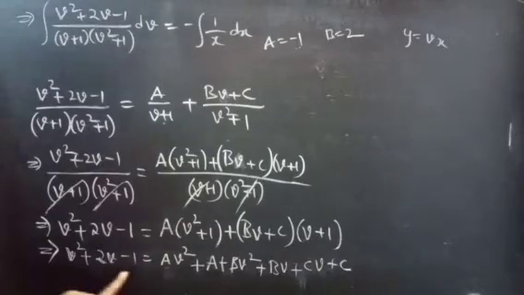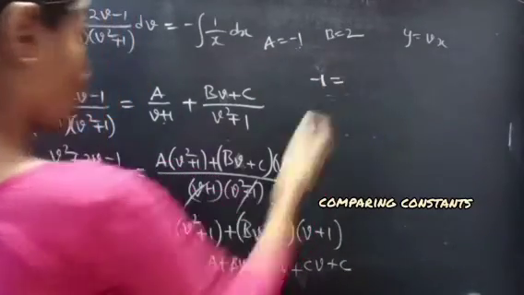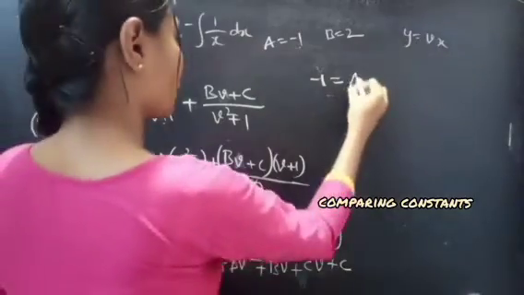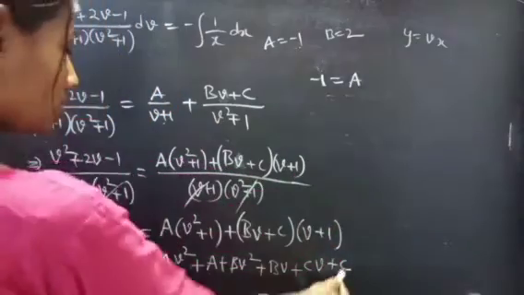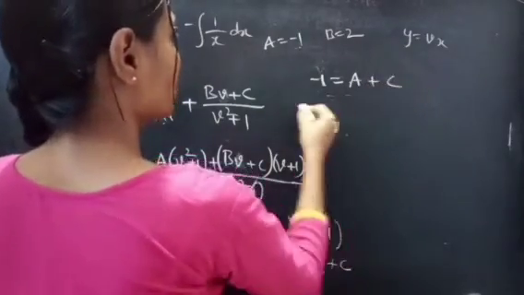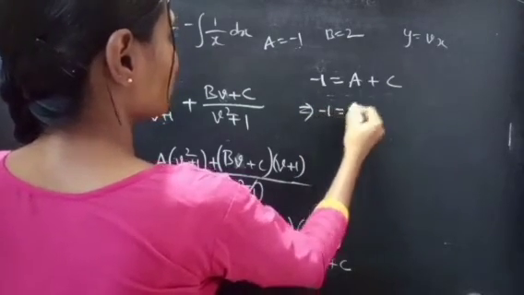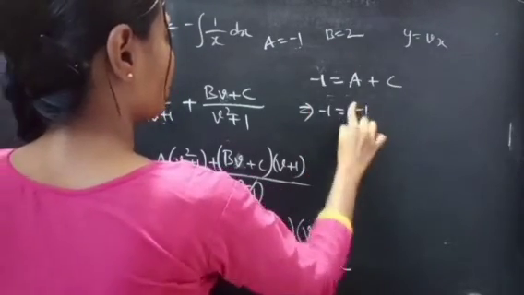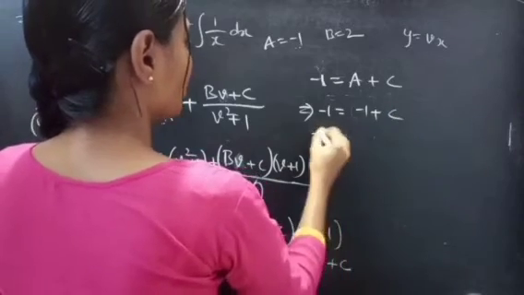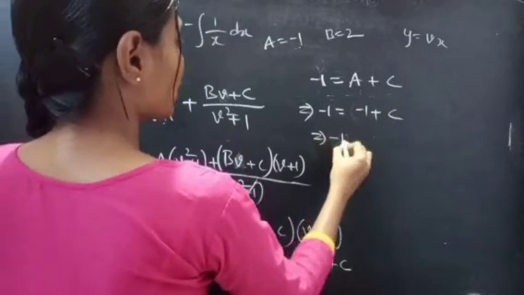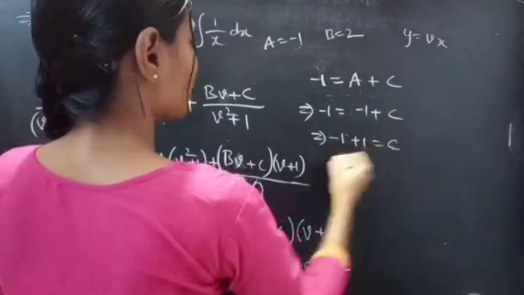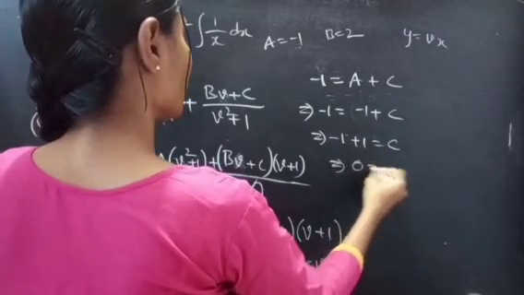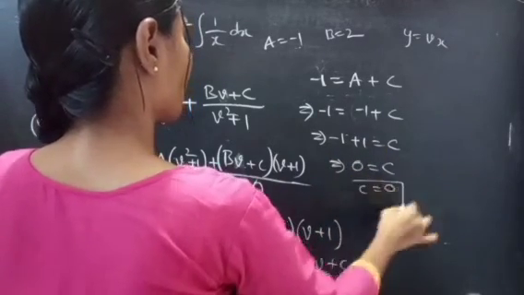Okay? Minus 1 equals to constant a plus c. Then minus 1 equals to, for a equals to minus 1, minus 1 plus c. Now bring this minus 1 to LHS, you'll get minus 1 plus 1 equals to c. Minus 1 plus 1 is 0. So c equals to 0.